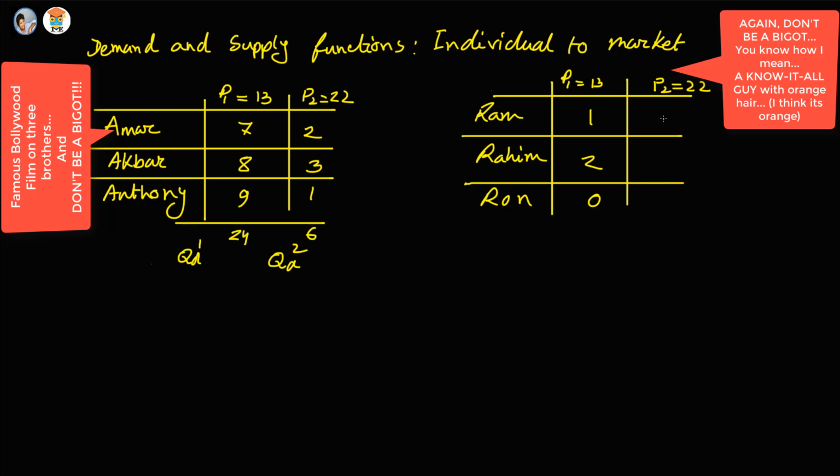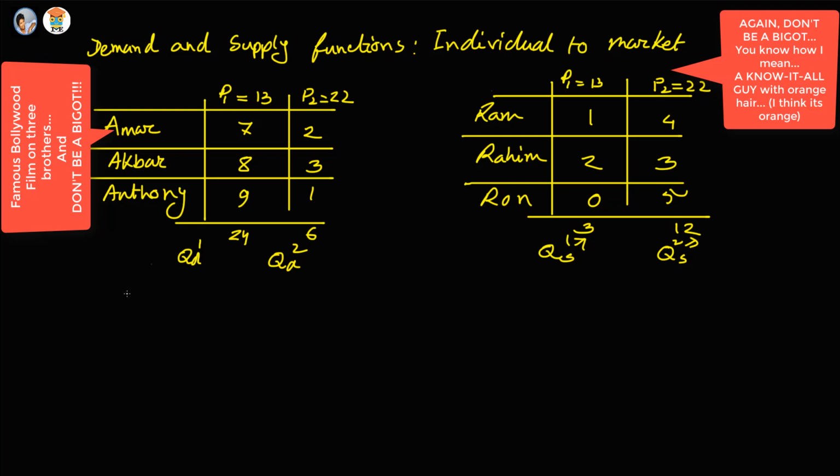But at price equal to 22, Ram supplies 4 units of apple, Rahim supplies 3 units of apple, and Ragni supplies 5 units. Therefore, the total quantity supply at price equal to 13 is 3, and at price equal to 22 is 12. Again, let us assume 3 is QS1 and 12 is QS2.